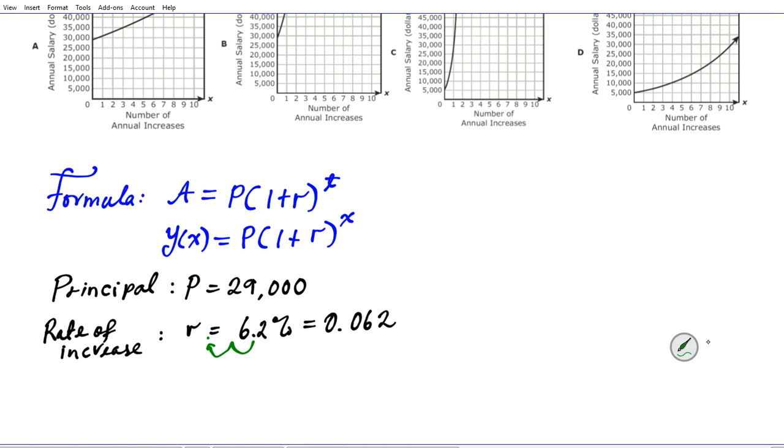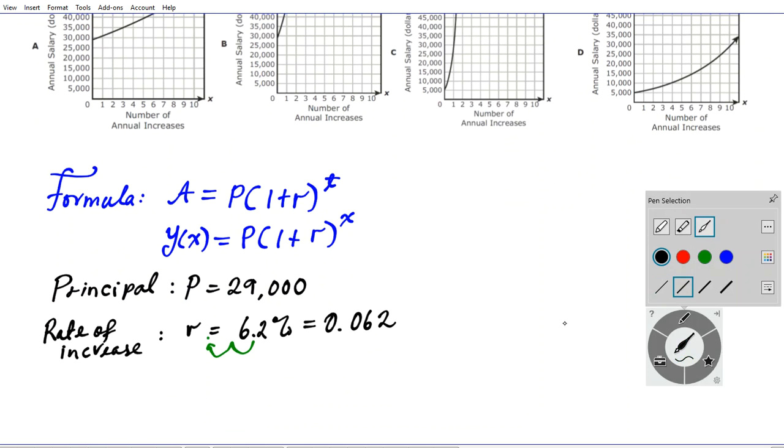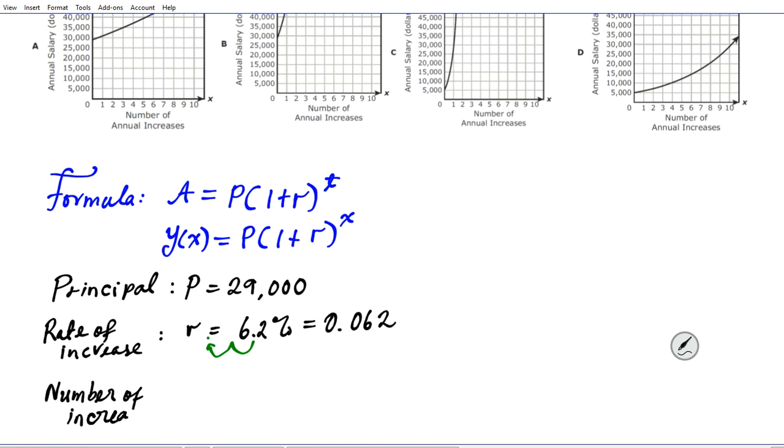And then our independent variable is the number of increases, x. The exact number of annual increases was not specified, it was just indicated to be x, so we'll leave that alone.